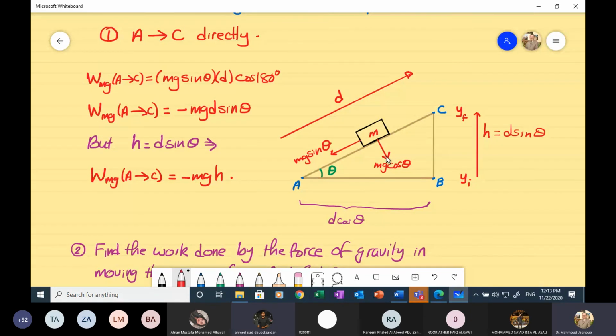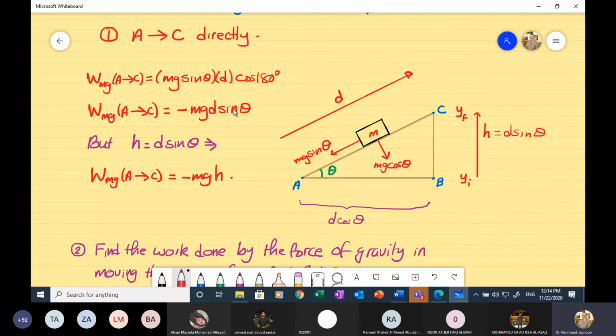Because it is perpendicular to the direction of the displacement. For a force to do work, there must be displacement in its direction, and there is no displacement in this direction, as I heard one of you say. This force is perpendicular to the displacement, so it does no work. This is the only component that does work.